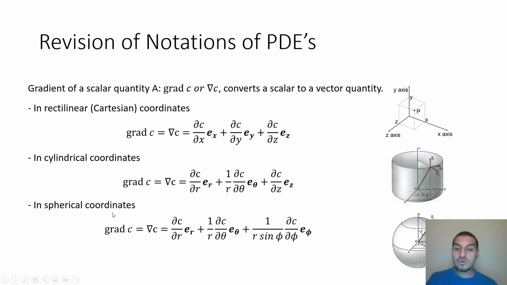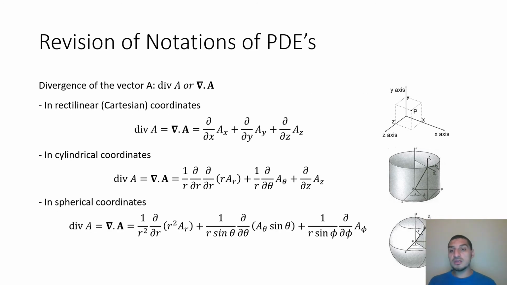In spherical coordinates it is more complex, but it's still just an expression that you use, so it's not a big deal. If you use this del operator with a vector quantity like flux, for instance, then it's not called the gradient, as we said earlier, it's called the divergence.